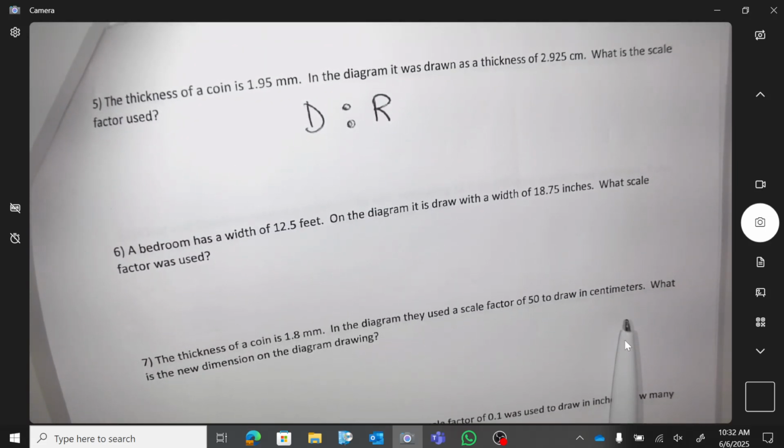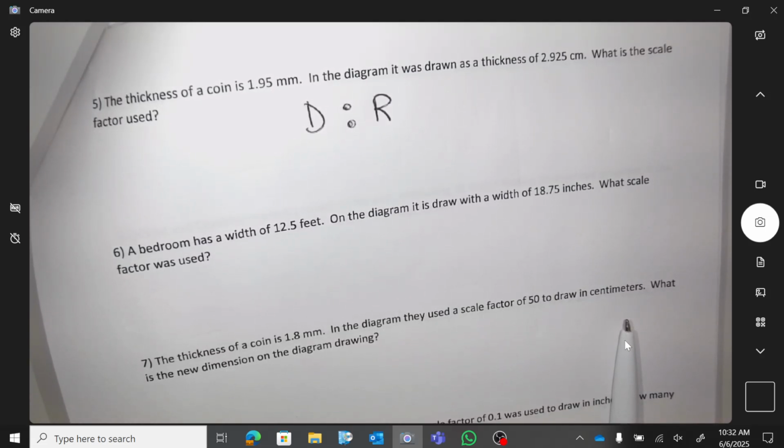Scales is our next topic. Okay, scales. We're going to do just a couple of examples. I'm going to skip some of these, but we're going to do a couple and then write on our cheat sheet.